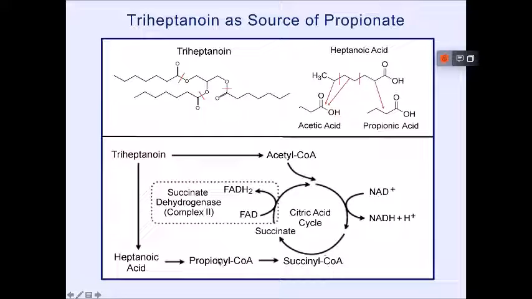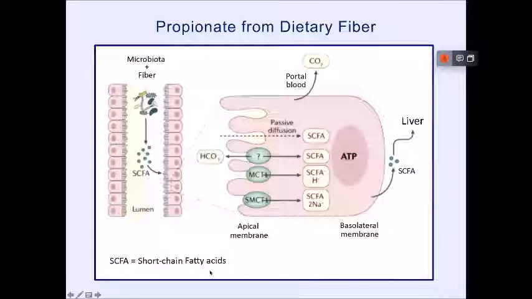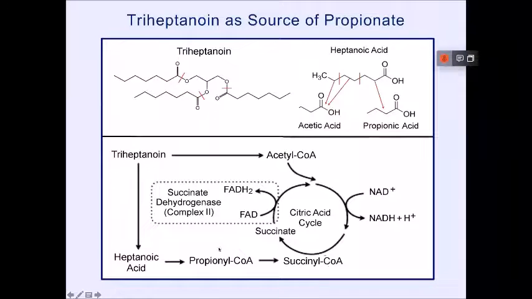And this will raise the level of propionate for acylation by histone, but it also is being used in the treatment of certain metabolic disorders because it can generate extra energy through the citric acid cycle.